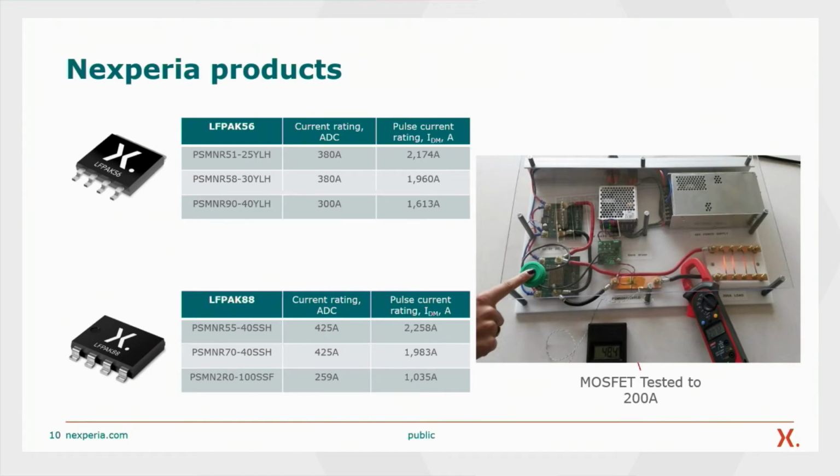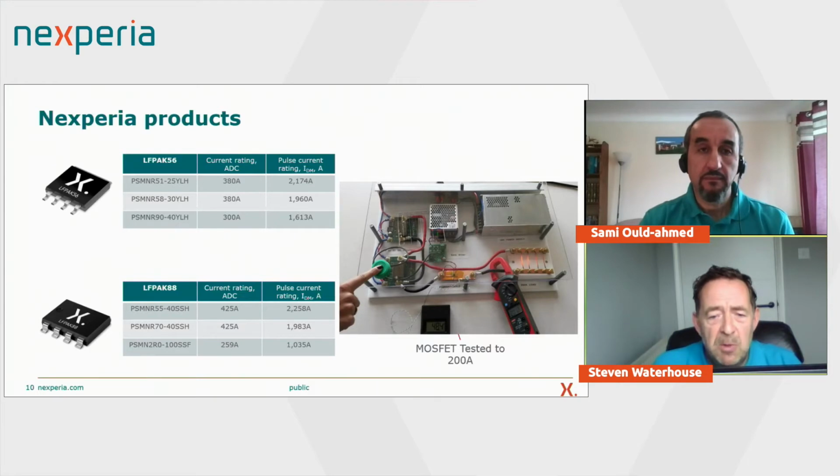So not only can we deliver 200 amps DC in this demonstrator, we're actually avalanching that current as well. We've got an online video that shows in more detail this demonstrator in operation, and Kelly will be able to tell you where to find that on our web pages. But for now, that's the end of my presentation, and if you have any questions, we'd be happy to answer them.